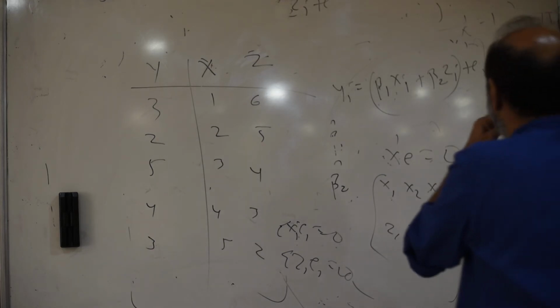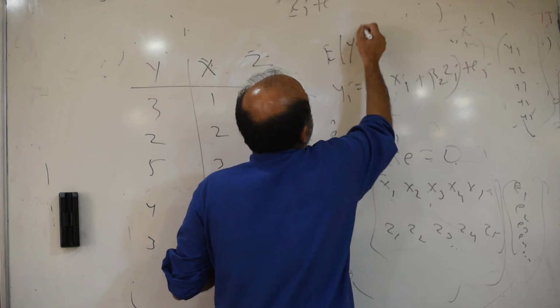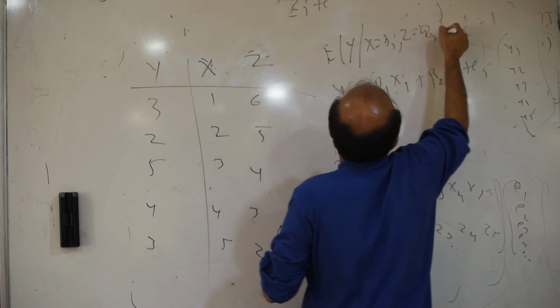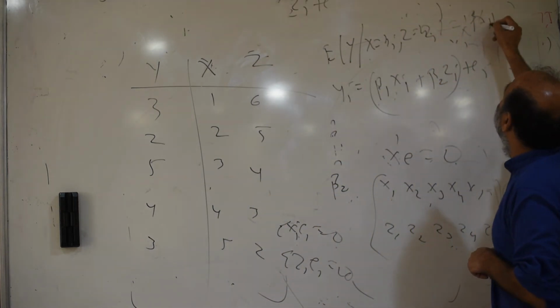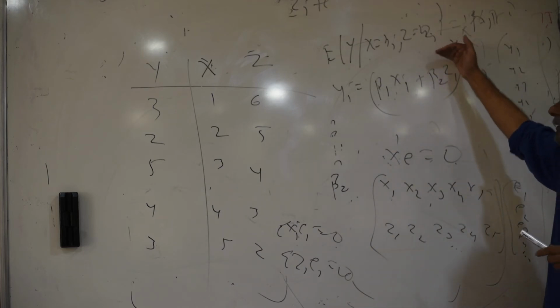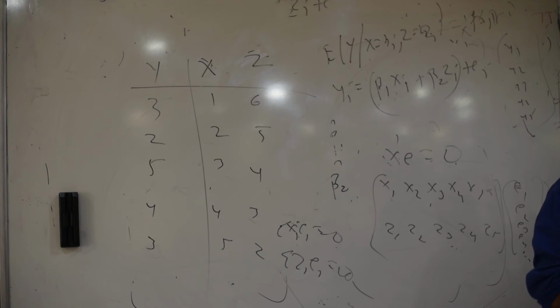But what you are going to estimate is beta 1, beta 2. So what you are estimating is the conditional mean of y given xi, zi, which is equal to beta 1 xi plus beta 2 zi. Once you got this, if you plug in the values, you will get a value of y which will be the expected, the predicted average of y.